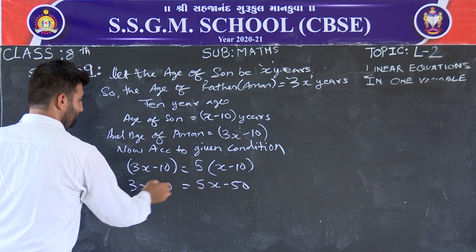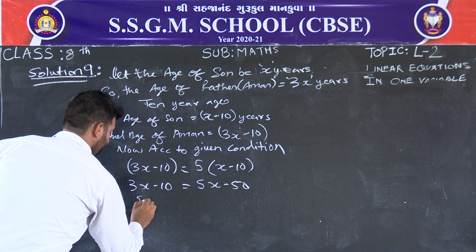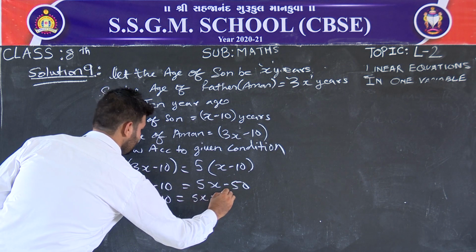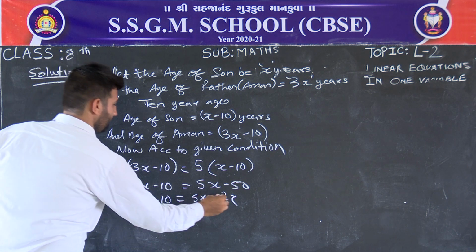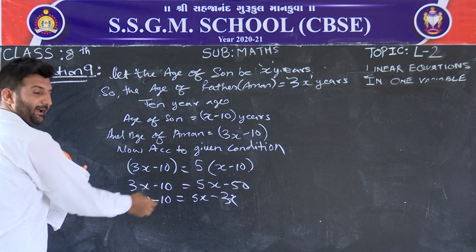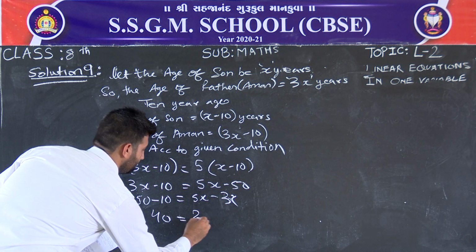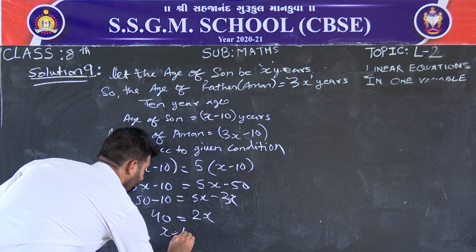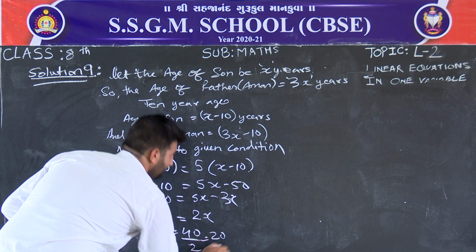So 3x we will take to that side, and minus 50 on this side, changing the sign. It will become 50 minus 10 is equal to 5x minus 3x. So 50 minus 10 will be 40, and 5x minus 3x will be 2x. So x will become 40 by 2, it is 20.